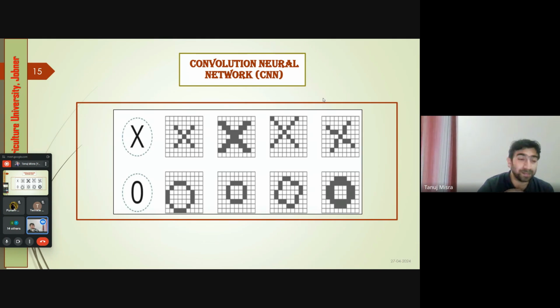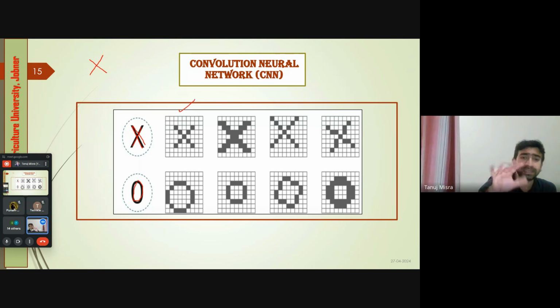Okay, so suppose this is the image of X, and this is the image of 0. Suppose someone's handwriting is good, someone's handwriting is bad.